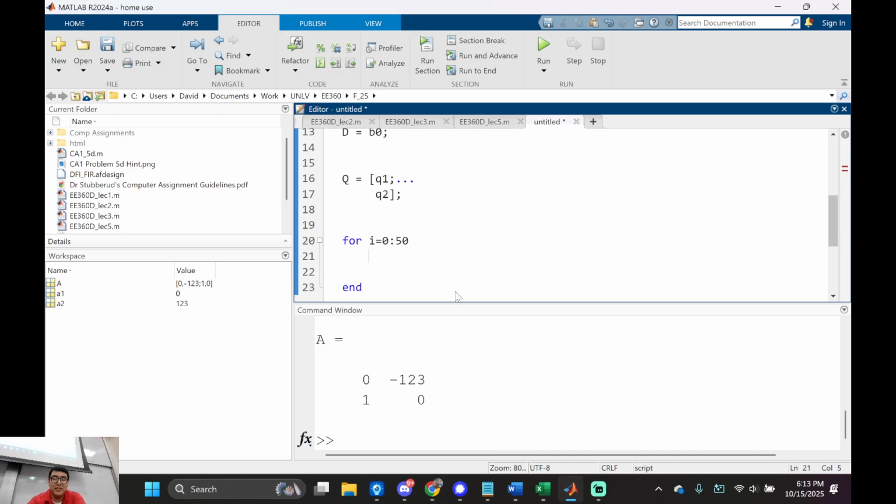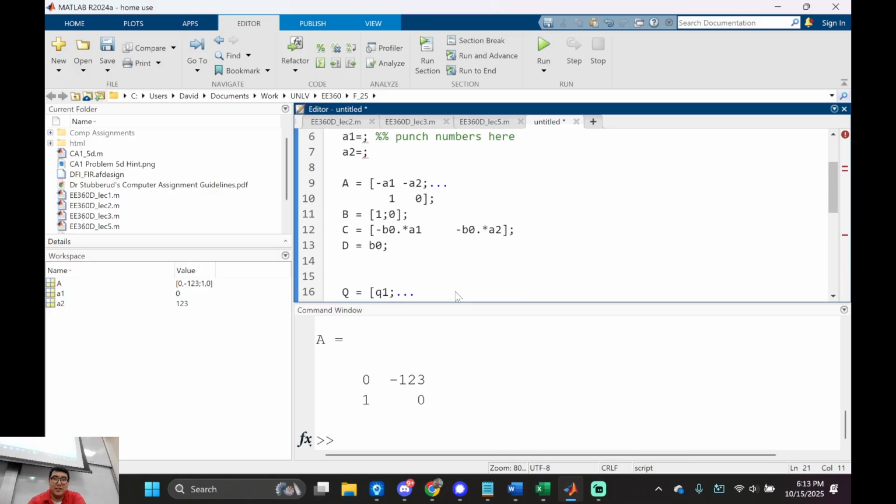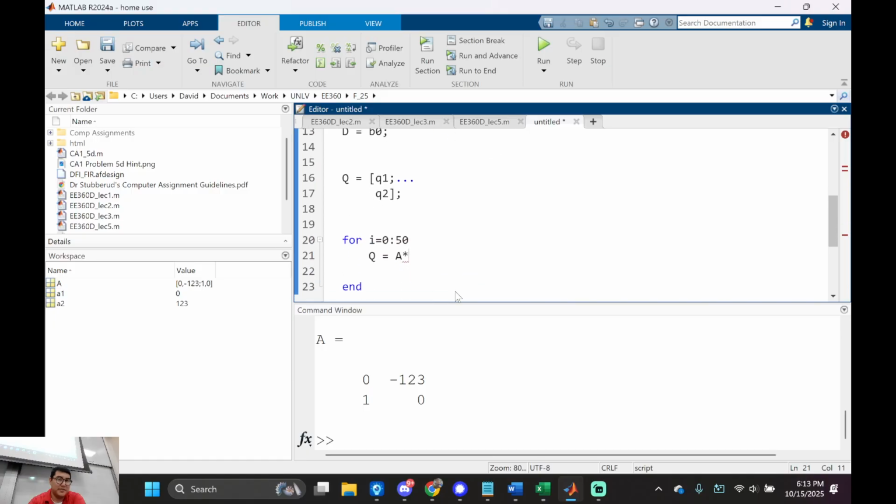And all you're going to do is Q is equal to A times Q of the next state, because I want to solve the next state, N plus 1. There's a reason why I did this.